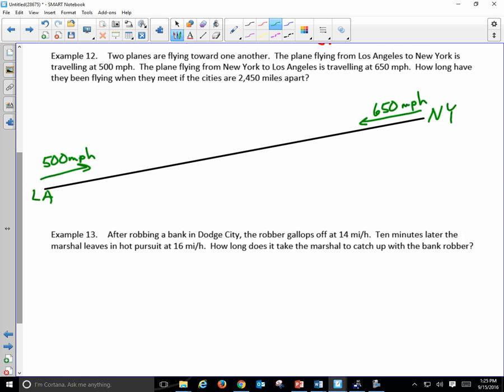The question is about time: how long have they been flying when they meet if the cities are 2,450 miles apart? So the length of the segment is 2,450 miles. That's your flight from LA to New York.